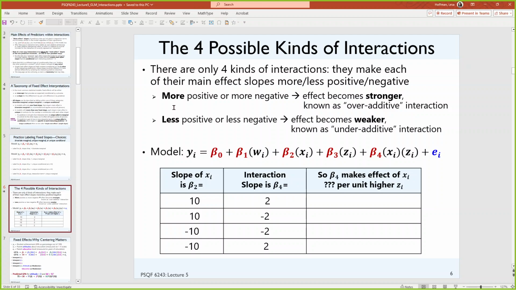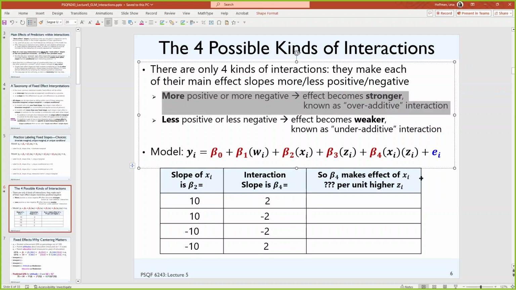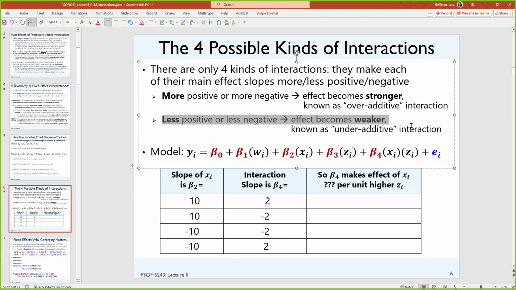If the answer is more anything, that is known as an over-additive interaction. That means the effect is becoming stronger as a function of the moderator variable. If the answer has less in it, that's an under-additive interaction and it is becoming weaker. So up to this point, we've only had additive. The multiplicative combination changes it to over or under additive.